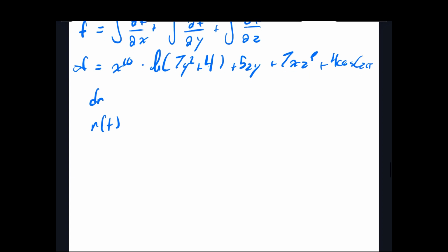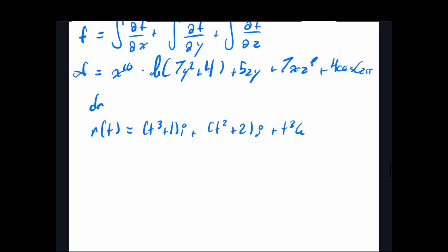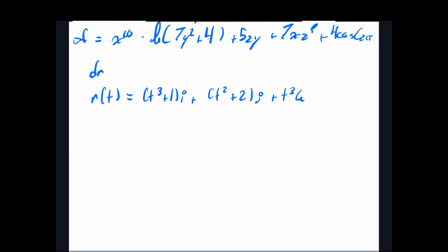So r at t equals t cubed plus 1 i plus t squared plus 2 j plus t cubed k. Now, how do you evaluate r since it's now a function?